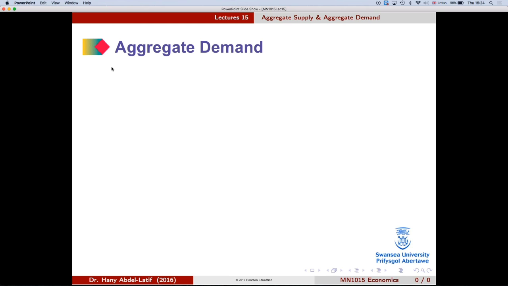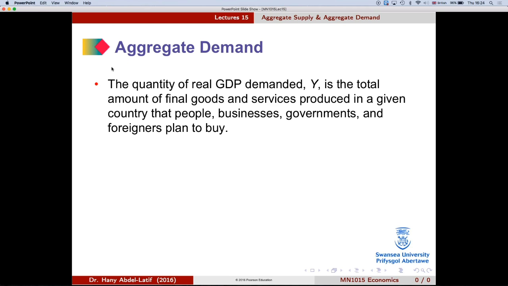Before, we mentioned these 4 sectors: households, firms, government, and the outside world. Households spend on goods and services, so they do consumption expenditure.